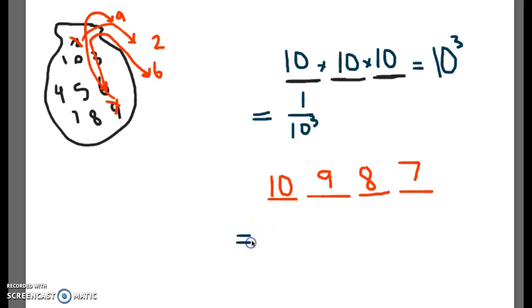If I'm taking them out and not putting them back in the bag, the probability that I will get 1 out of this combination of 4 numbers would be 1 divided by 10 times 9 times 8 times 7. Please let me know if you have any questions.